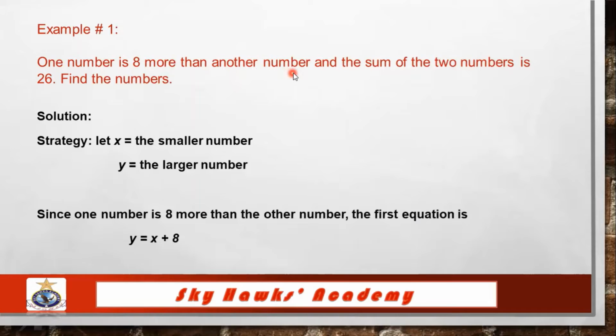These are the keywords. From here, we come to know that this is a problem which can be translated into a two-variable relationship, because there is one and the second, and the sum of the two numbers is given.